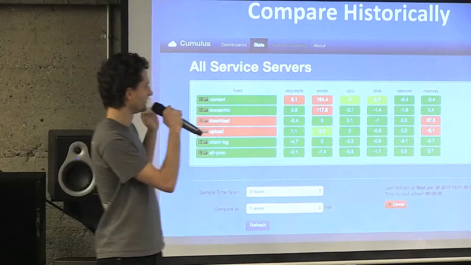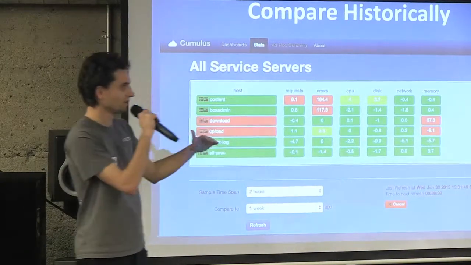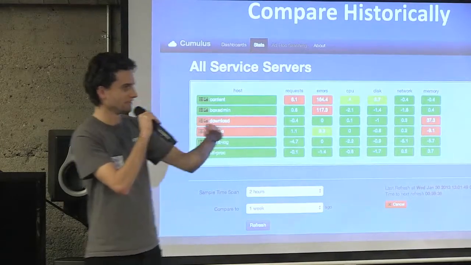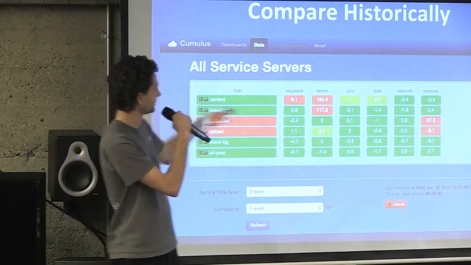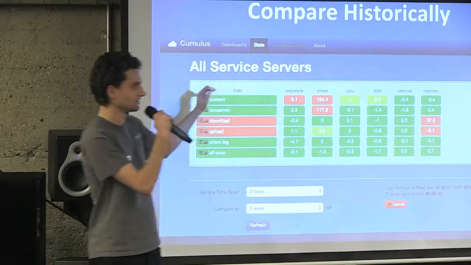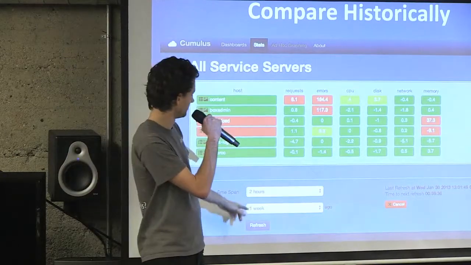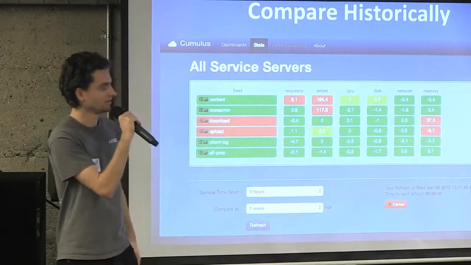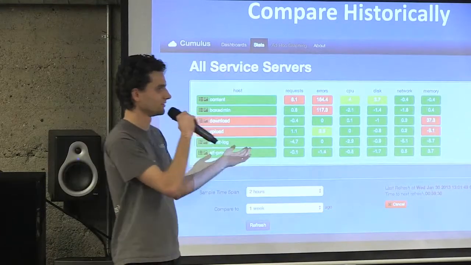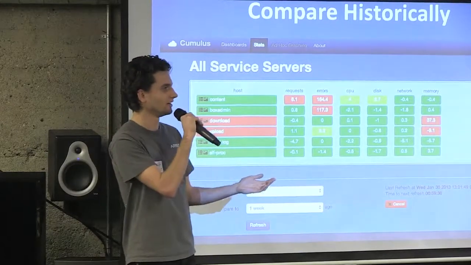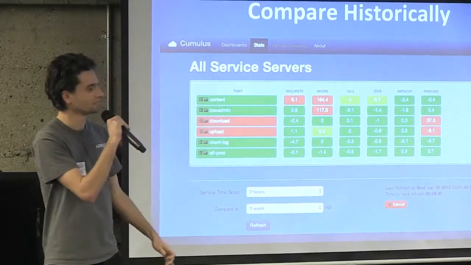So you have your 99th percentile of the number of requests for this host group, and you know what the standard deviation of the 99th percentile is, and you're telling us that right now, those guys are getting 6 standard deviations more than a week ago. Yes. Okay, so you're essentially resurfacing things that are deviating from the expected 99th percentile historically. Yeah, that's exactly it.